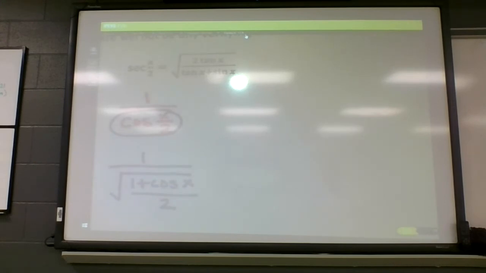You don't have to go to the imaginaries, no. Because the cosine of x, if you think about the graph, what's the biggest number for the cosine of x? 1. And if you do 1 plus 1 over 2, that's a positive number, right? And what's the smallest number for cosine? Negative 1, so it'd be 1 minus 1, which would be 0, right?